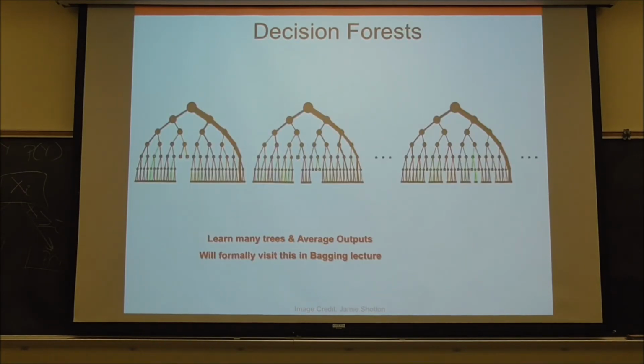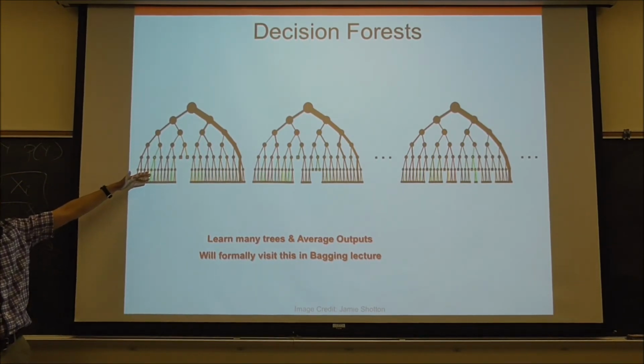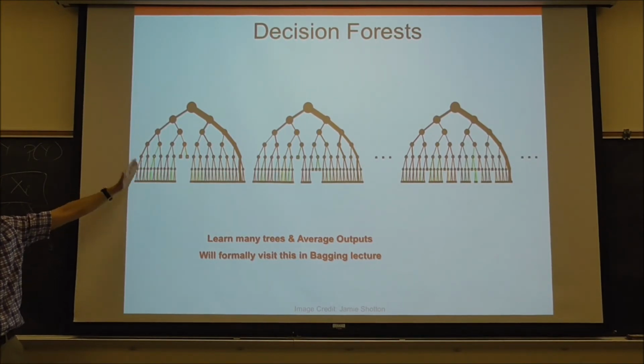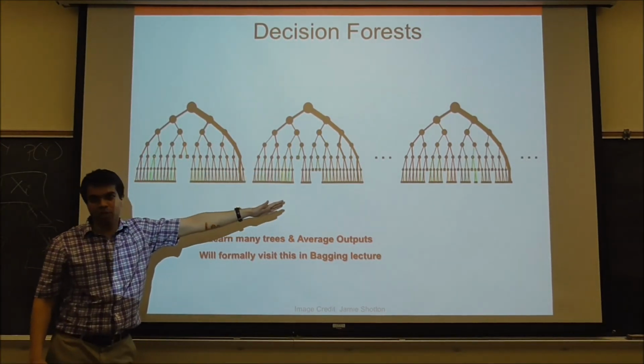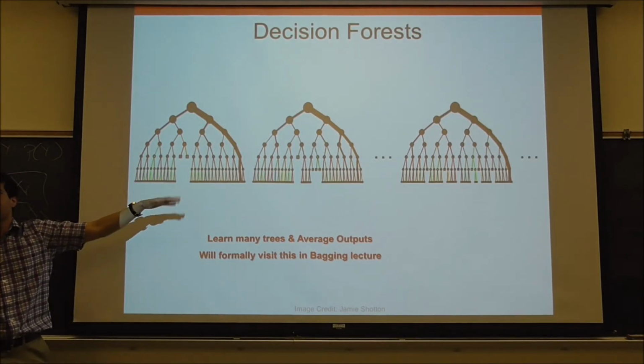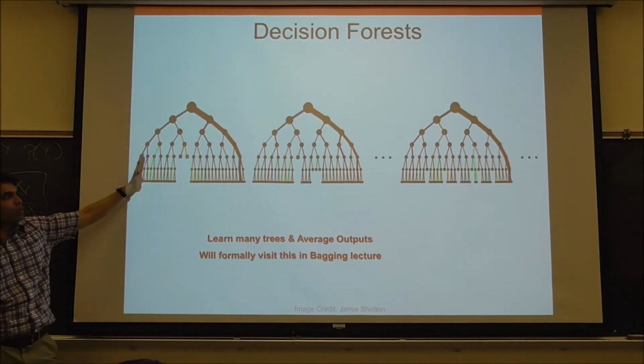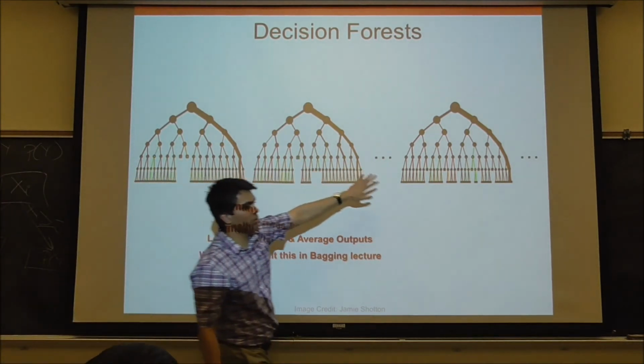The other final thing to keep in mind is, in practice, a single decision tree will always overfit. And so what people often do are these things called decision forests or random forests. What they'll do is they'll train multiple decision trees on different splits of the data. And that's something that we're going to see next, which is this idea of bagging. So what you'll do is you'll train one decision tree, another decision tree, another decision tree.